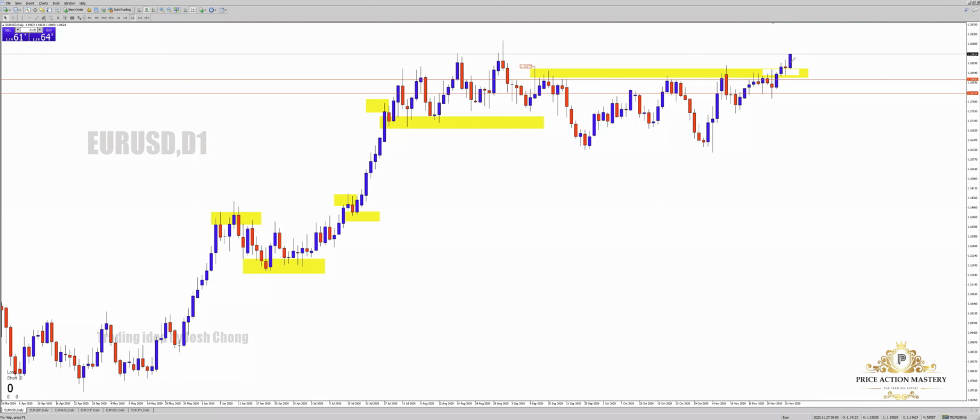I'm expecting the market to drop to this level, and then I'm going to see an upside exposure. When the market drops back to this level, I will have two options. One is immediate entry, which consists of high risk. Second, I will wait for my confirmation.